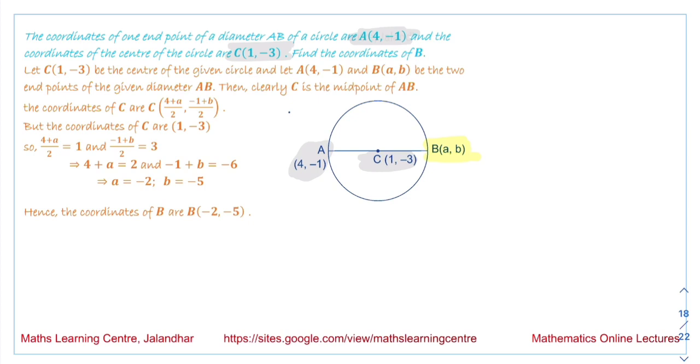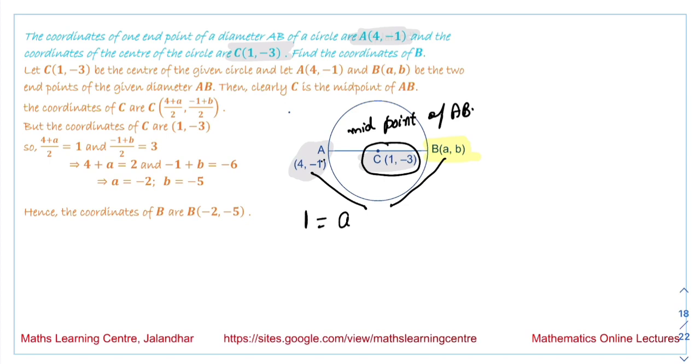So what is given to us is that this point C is the midpoint of AB. Midpoint of AB means that 1 should be equal to a plus 4 by 2, and minus 3 is equal to b plus minus 1 by 2.